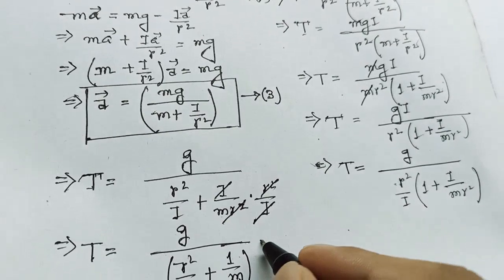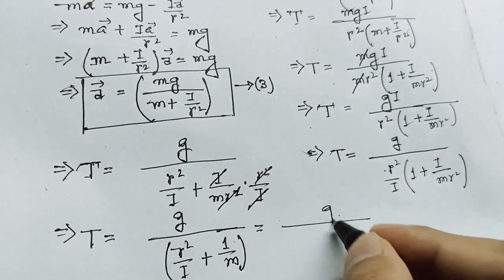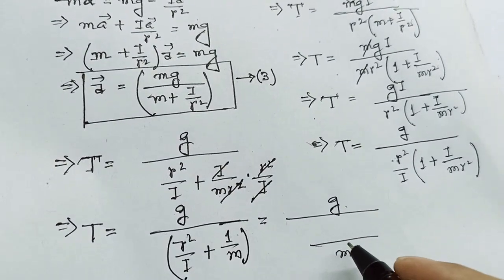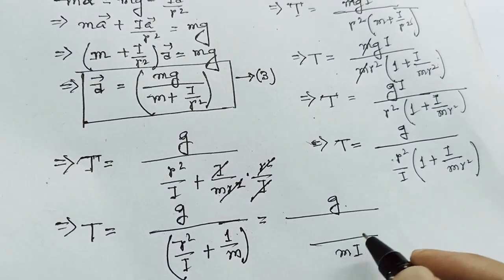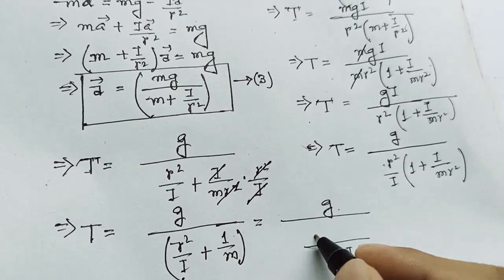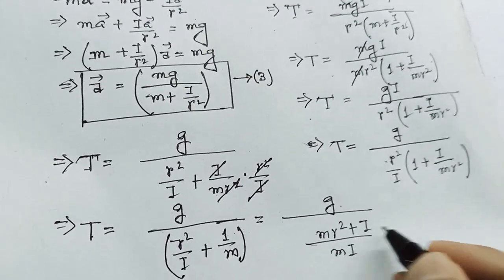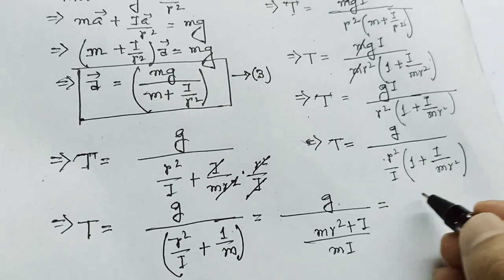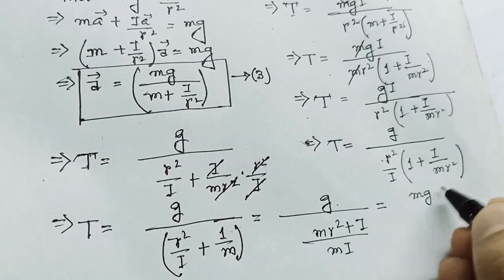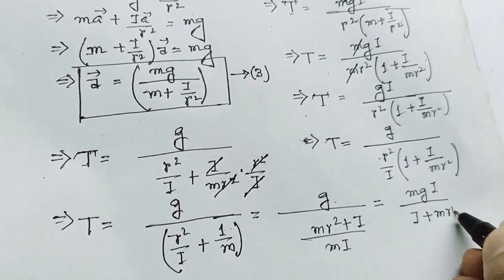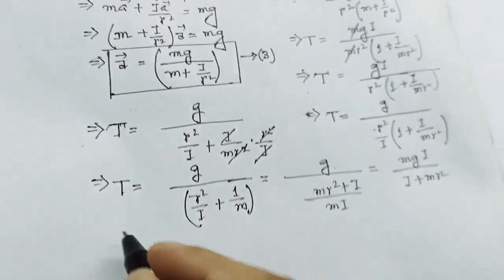So if you calculate this, then our equation will become m I divided by m r square plus I. So that will be equal to m g I divided by I plus m r square. So this is our desired tension force.